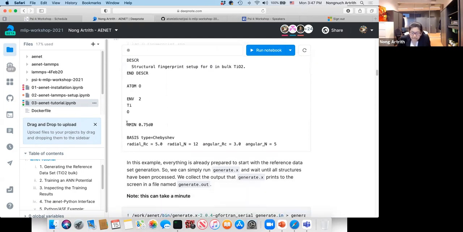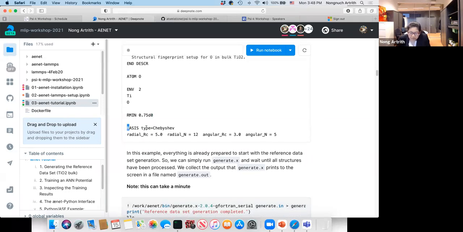And then rmin: we try to exclude atoms at a short distance, like 0.75 angstrom, but you can also have shorter, maybe 0.4 or 0.5 angstrom. It depends on how you want to play. And then we have many different types of descriptors, but in this tutorial I use our newly implemented Shepard polynomials.